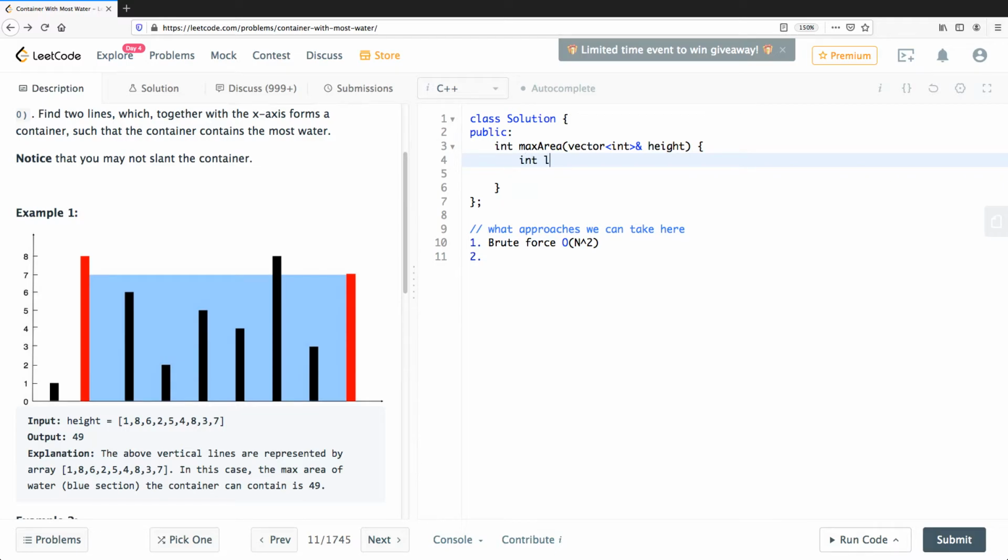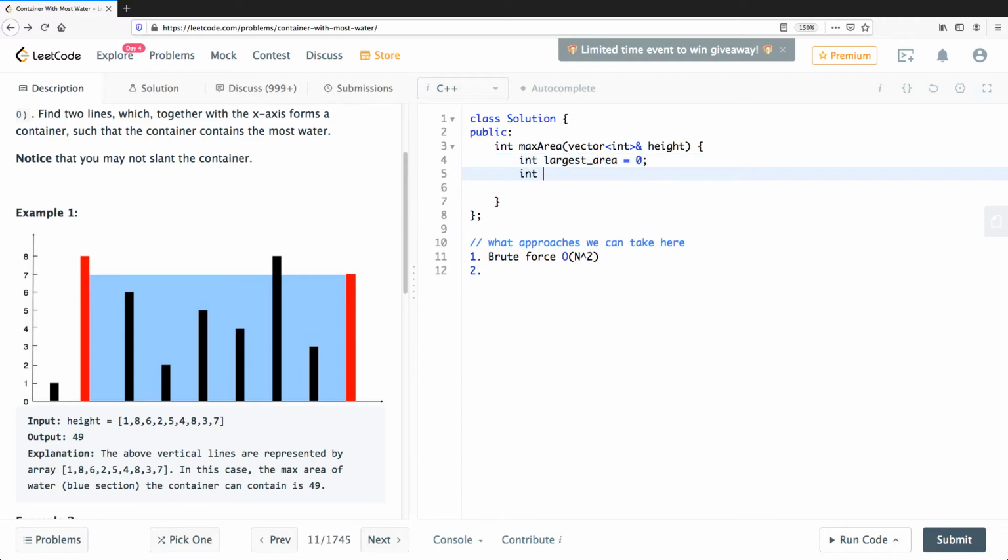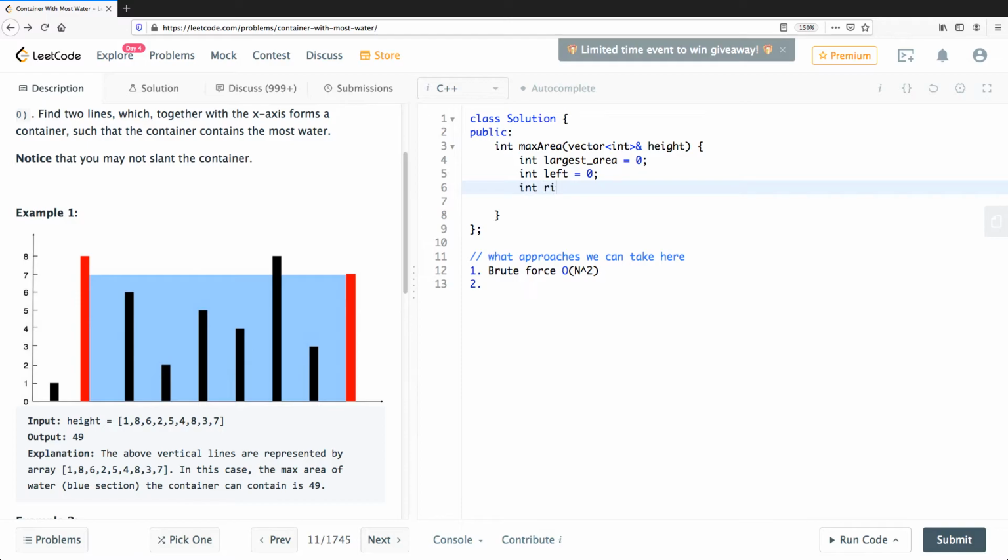So what we're going to do is have a variable accumulator, as they call it, where we keep track of the largest area seen so far. And then we have a left index pointing to 0, and a right index pointing to, now how do we find the length? If it was C, we would have int a and a comma length, because in C you have to pass the length of the array as a parameter to the function.